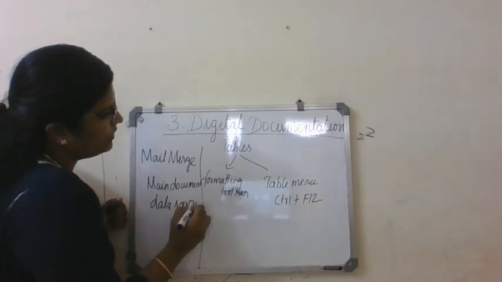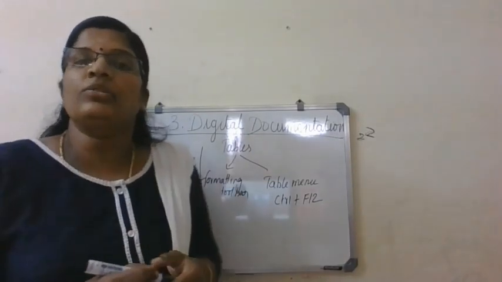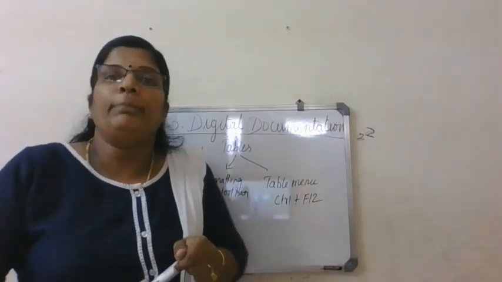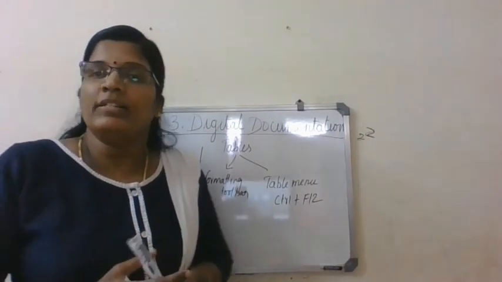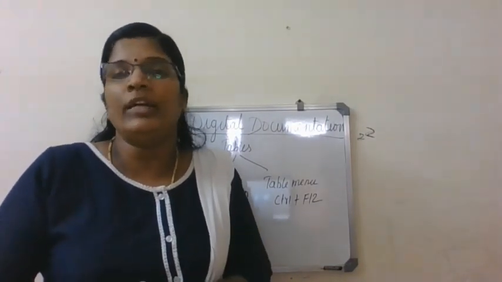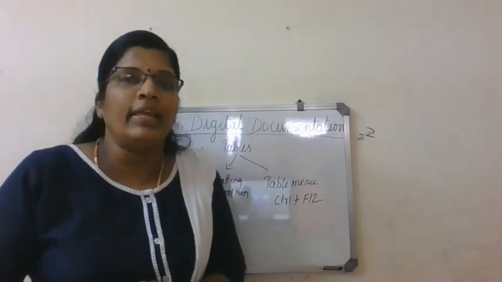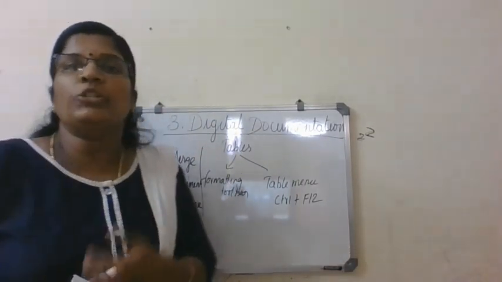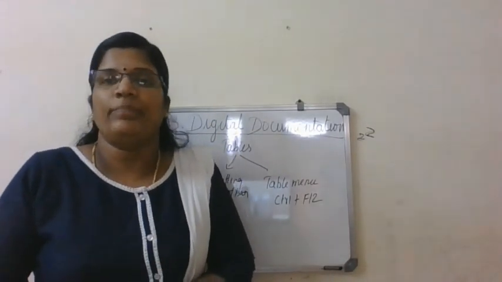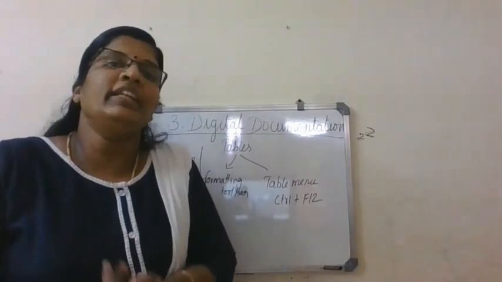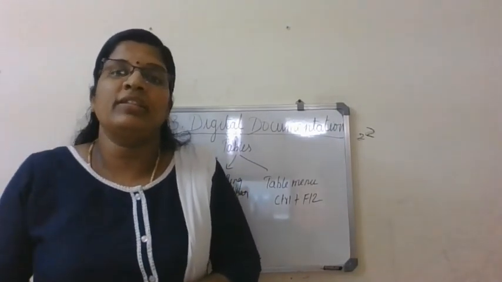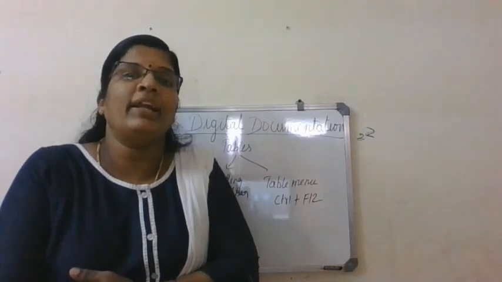Data source consists of the address of the people. Main document means which consists of the content of the letter or invitation or anything. And data source means which consists of the address list. It can be in any form: only the name, or first name, last name, address, phone number, email address, everything.